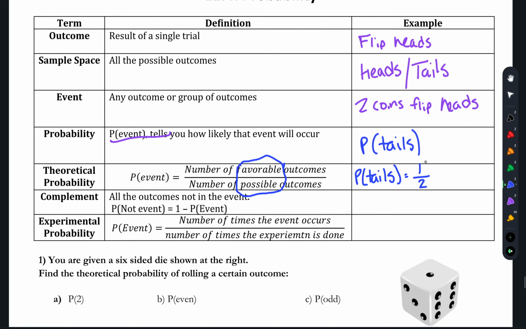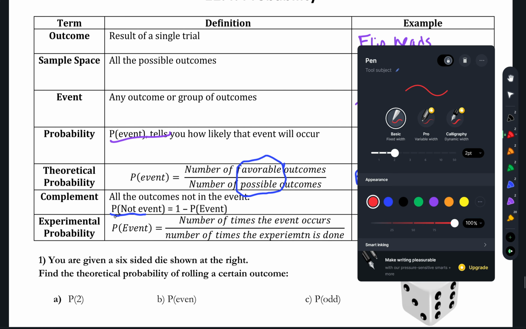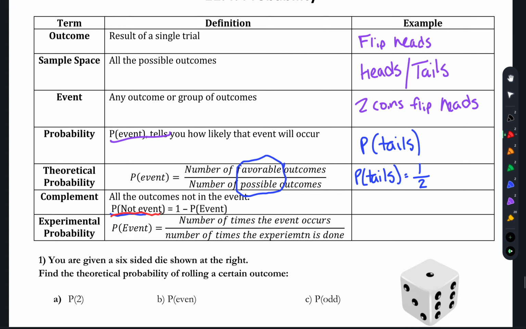Good? Kind of in that same vein, we have something called a complement. A complement is the probability that something does not happen. So the probability of not flipping tails would be 1 minus the probability of flipping tails, which is 1/2.